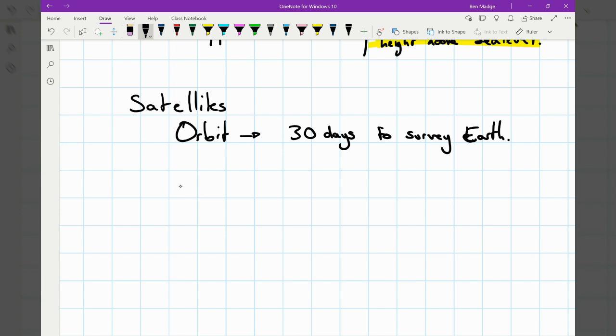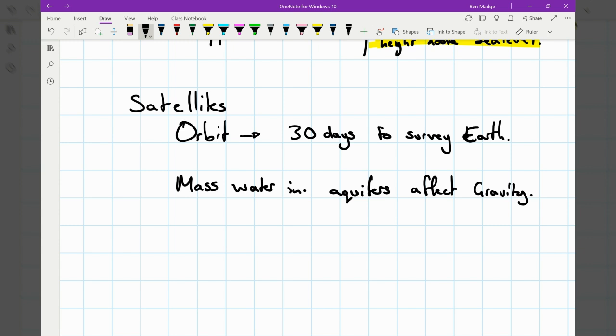So the changes in the density or mass of water in an aquifer affect the gravity experienced above them.